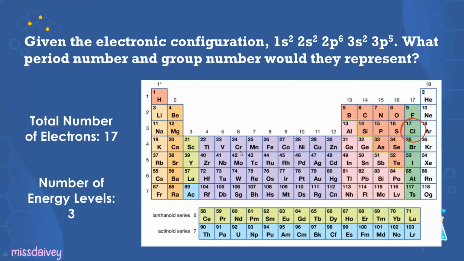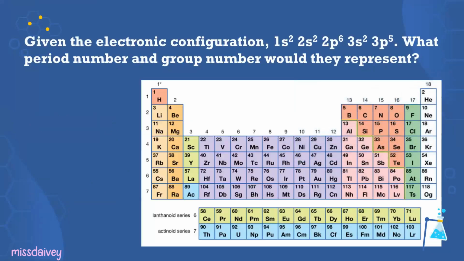If you look at the periodic table, the given electronic configuration represents the element chlorine, with a total of 17 electrons, and the atomic number is also 17. So this electronic configuration belongs to period 3 and group number 17. Period 3, group 17.